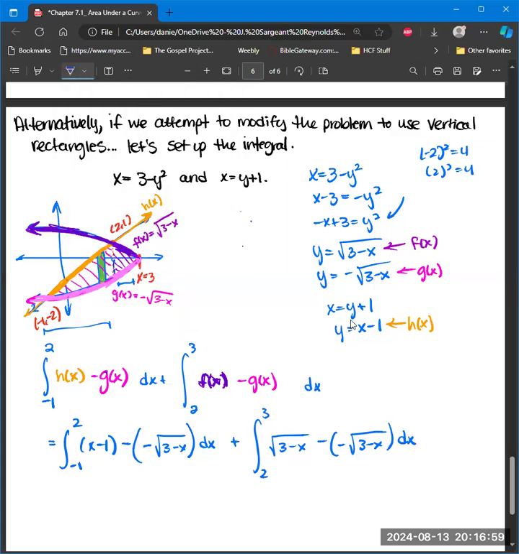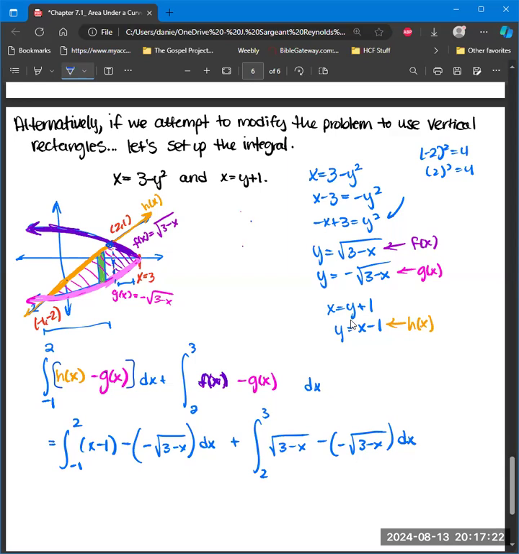So we have upper function as h, lower function is g, orange minus pink, and that works out to this point of intersection right here that we need to find, where h of x crosses purple function f of x. So set them equal to each other.